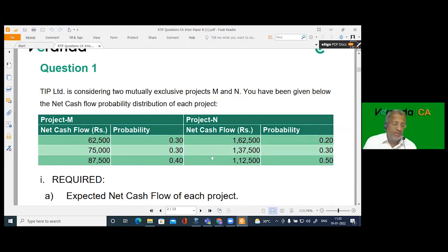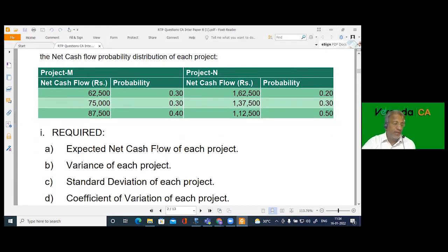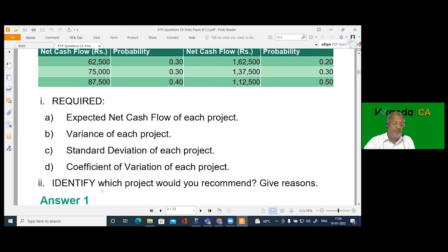For project N: 162,500, 137,500, 112,500, with probabilities 0.2, 0.3, 0.5. Required: the expected cash flow for each project, variance of each project, standard deviation of each project, coefficient of variation of each project. Identify which project you would recommend, and give reasons.